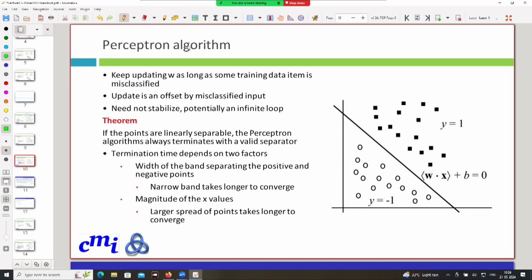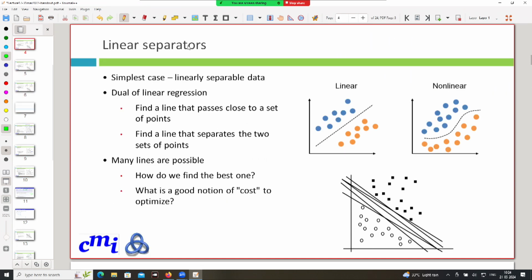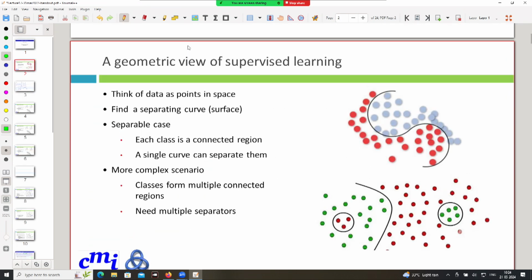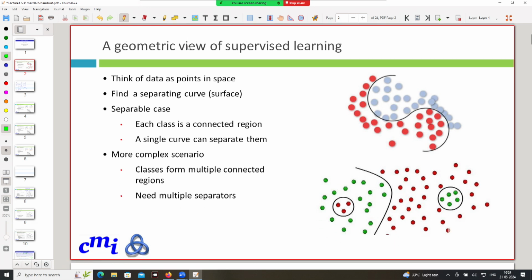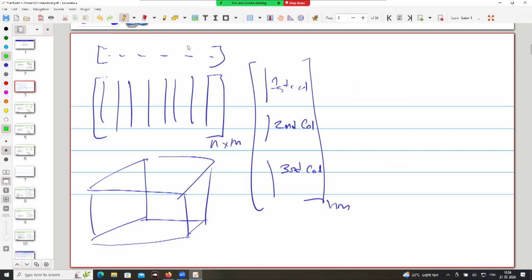Okay, so let me also say one more thing here. If you go back to this situation, which is more representative of the real world: if you have some data like this, naturally there is no linear separator. Let me actually give you a better example.